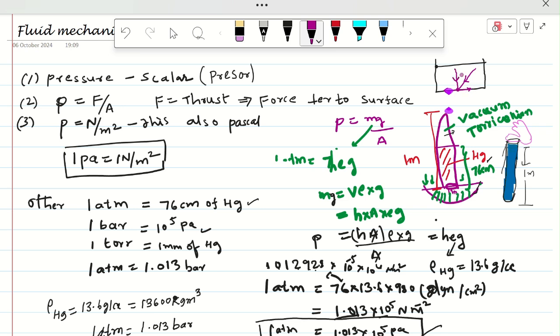Pressure is calculated only from the perpendicular force. That is why pressure is defined as the force perpendicular to the surface, that is thrust, by area, not the tangential force. Due to the tangential force, the fluid does not move. Right.